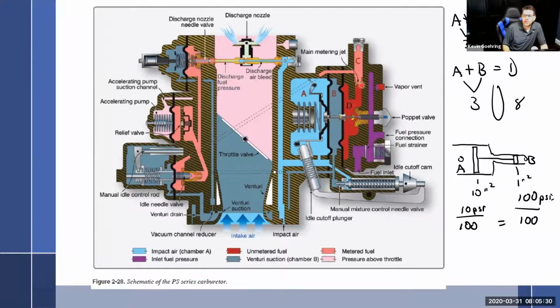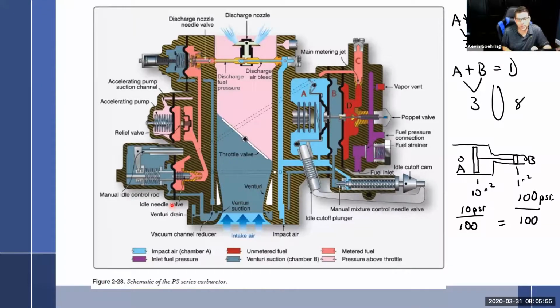Moving on, we go into C, which does not act on the diaphragms. C comes over here and across, and C is running through here. There you go, main metering jet, just tells you. Now on the other carburetor, it did have a little slide in the idle, so we have to think about idle. Right here, this is the idle needle valve.